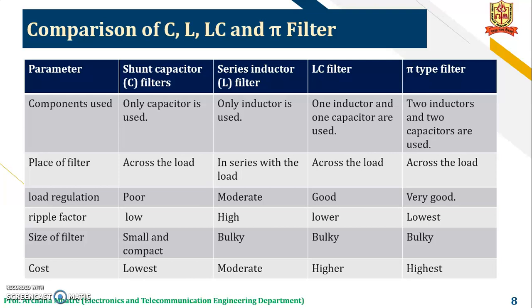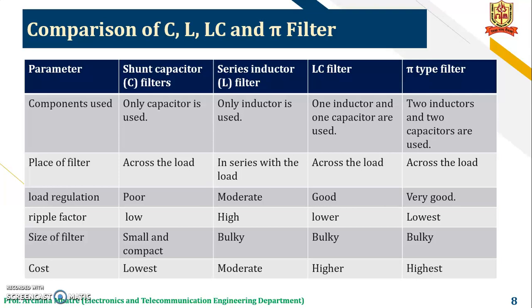Next parameter is load regulation. It is poor for C filter, moderate for L filter, good for LC filter and very good for pi filter. Next parameter is ripple factor. It will be low for C filter, high for L filter, lower for LC filter and lowest for pi type filter.